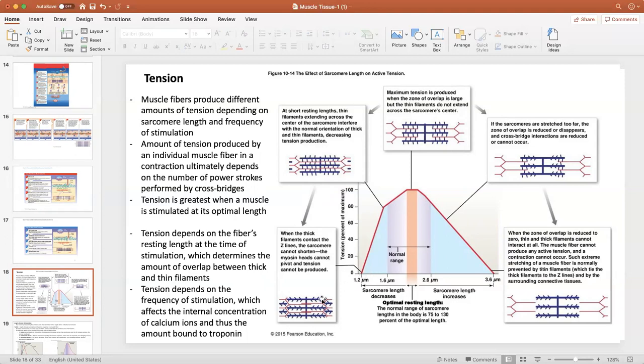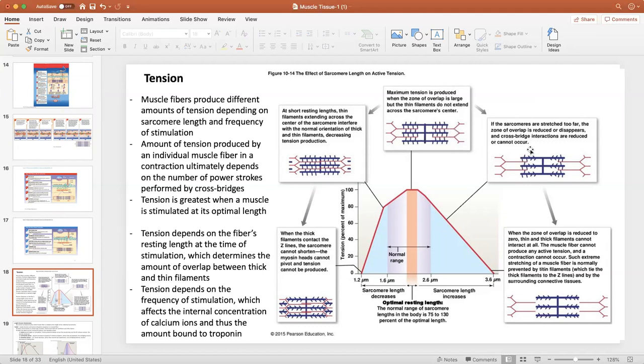So that's down here, we see it's completely overlapped. Even here, there's a lot of overlap, so it's not as optimal tension until we get up here where we have optimal overlap, where the overlap occurs only where the myosin heads are, and all the myosin heads overlap, so we can form maximum tension when we contract the sarcomere.